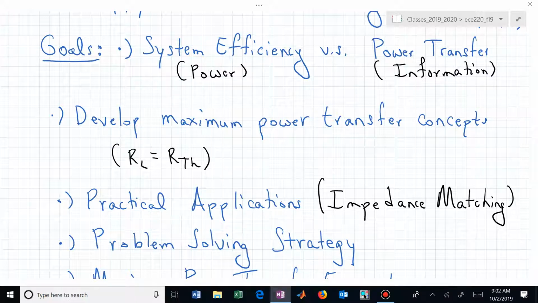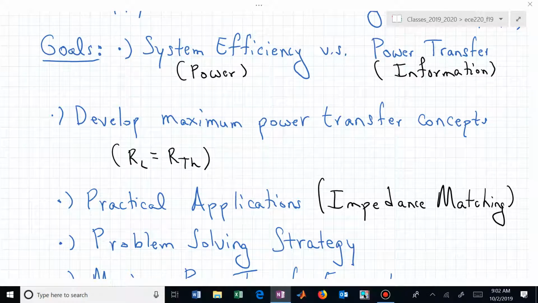Speaking of efficiency, today we're going to be talking about power and how to try to maximize power at a load, and there's really 2 scenarios that you need to keep in mind. We're going to focus on the second one in this class, but don't get sidetracked by only thinking in that way.